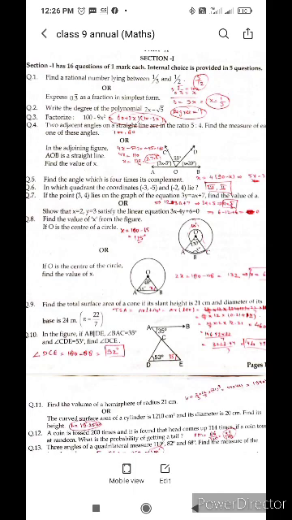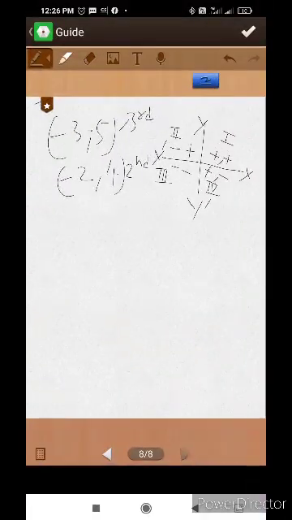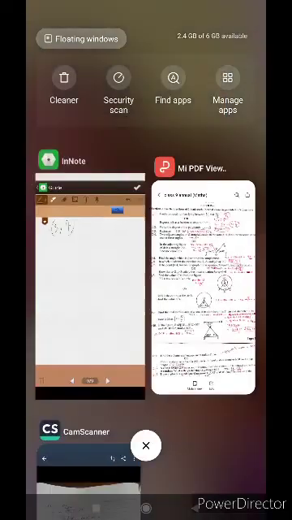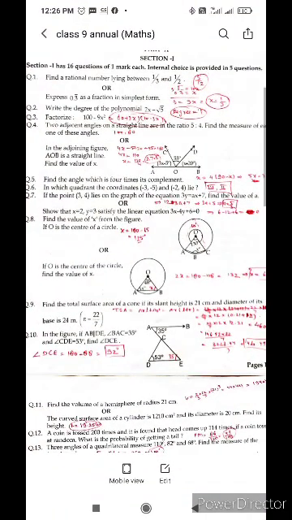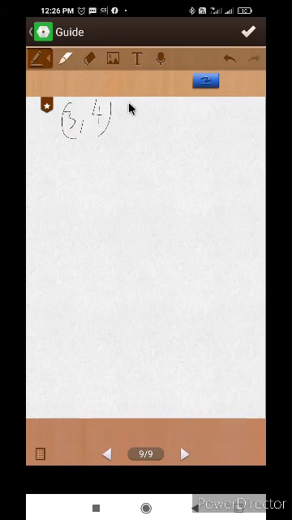If the point 3 comma 4 lie on the graph of equation, we have to check that point 3 comma 4 lie on the equation.